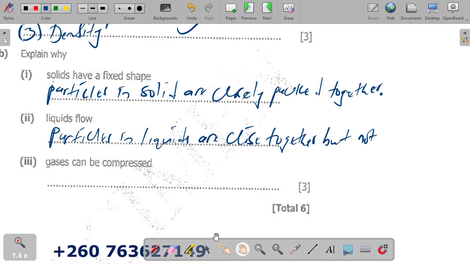But not what? They are not fixed. They are close together, but they are not fixed. Okay, so particles are not fixed and they slide over each other.